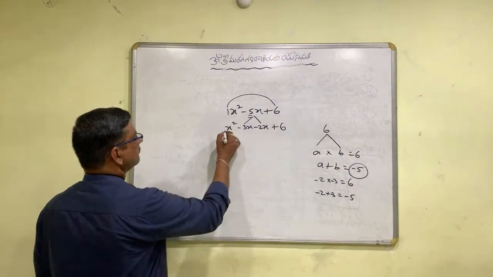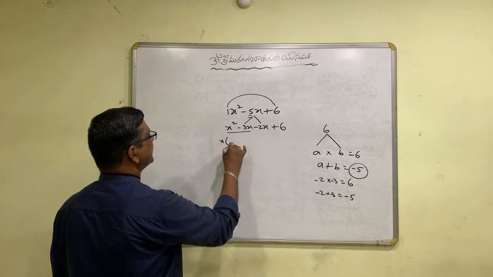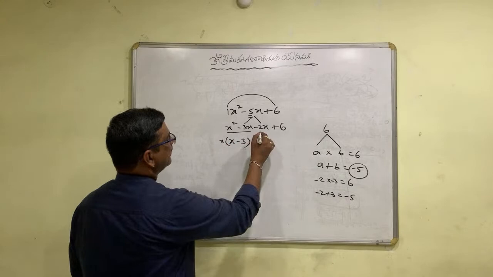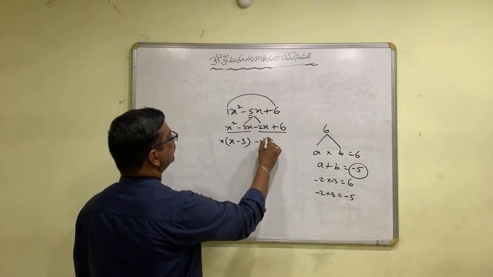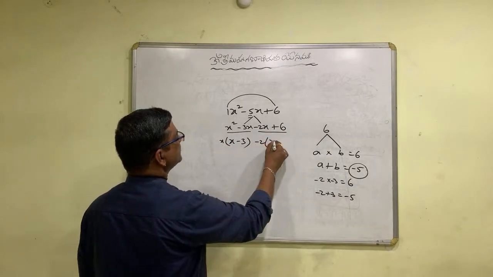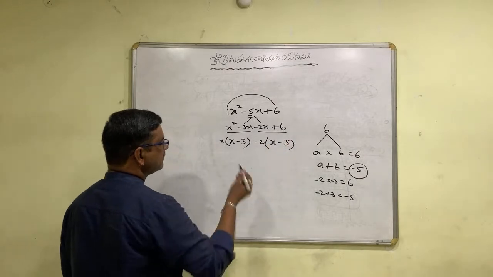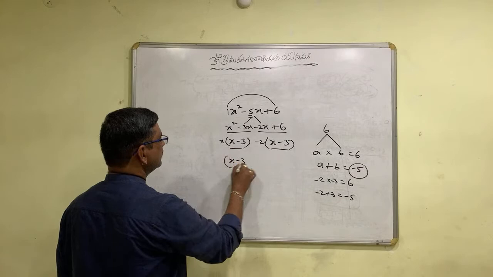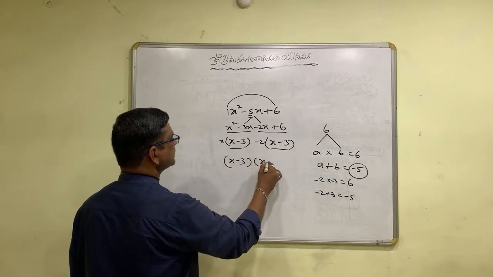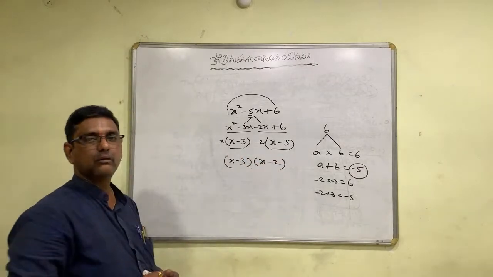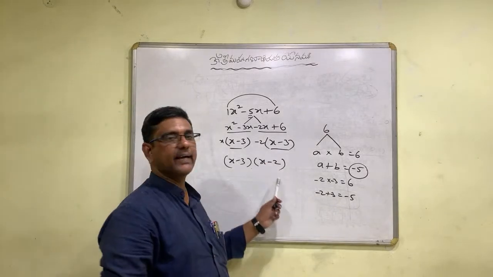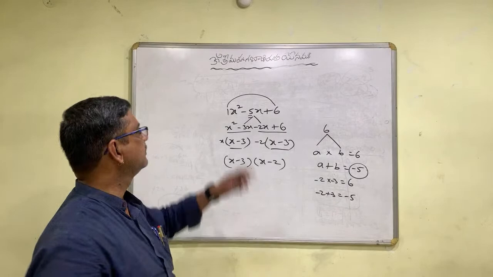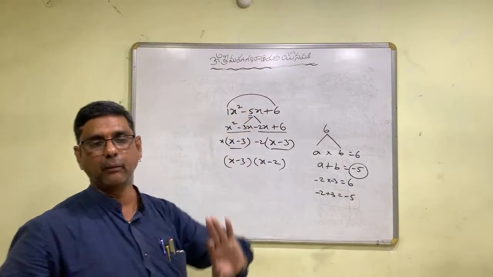Now from these two terms we can take x common, remaining is x minus 3, and from these two terms negative 2 common, remaining is x minus 3. Now again if we take x minus 3 common, we have remaining x minus 2. So x minus 3 and x minus 2 are the factors of the given quadratic polynomial.